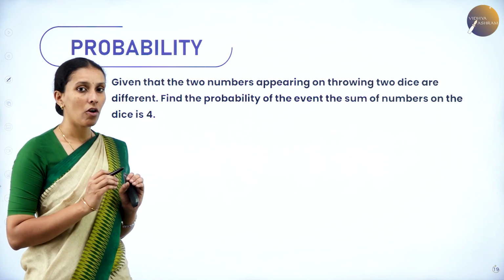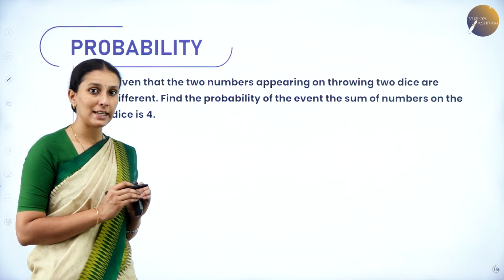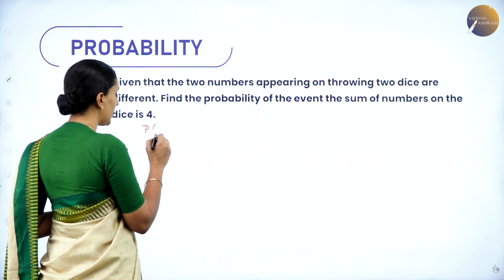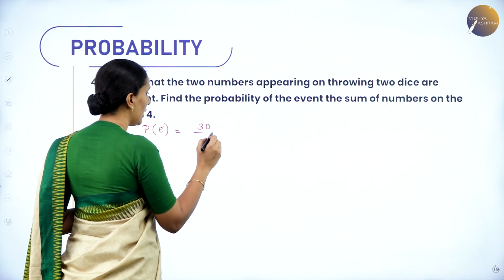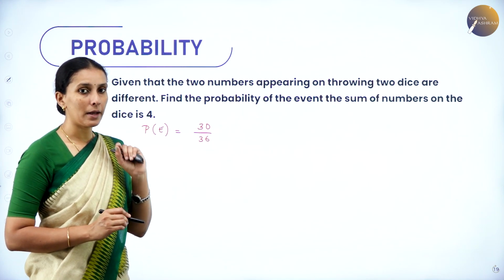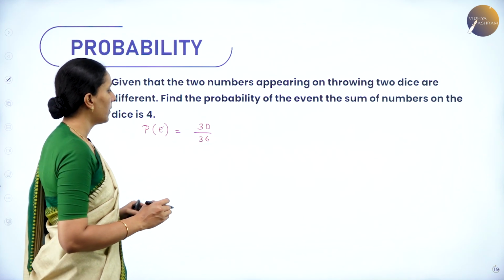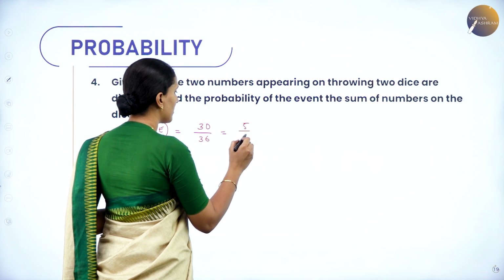So we are not considering the outcomes (1,1), (2,2), (3,3), (4,4), (5,5), (6,6). If we consider that as an event E, then the probability of E is 30 out of 36. So we are considering only the numbers which are different. So here we have 30 over 36, which can be written as 5 by 6.